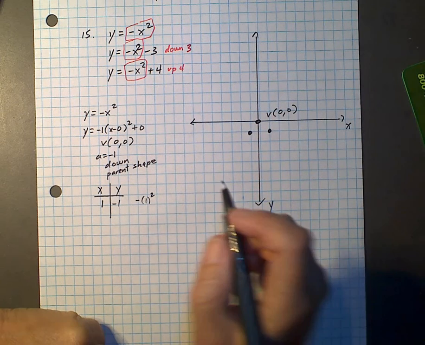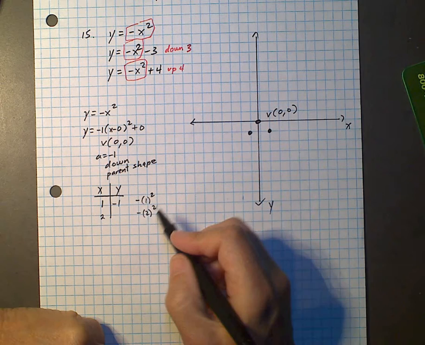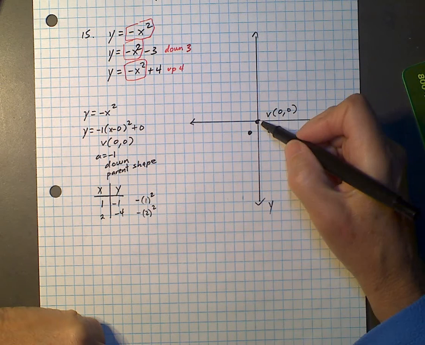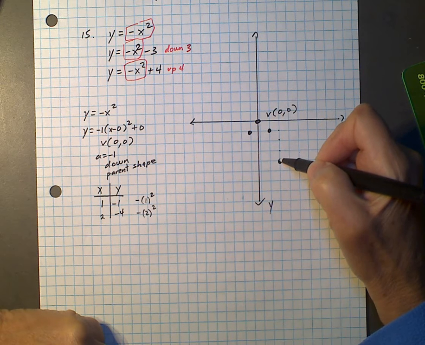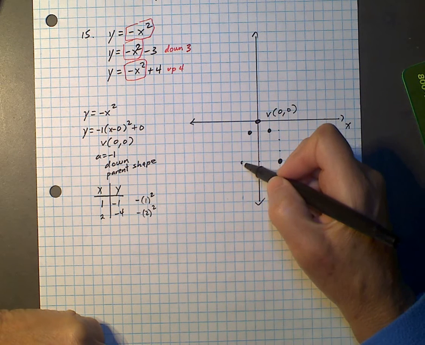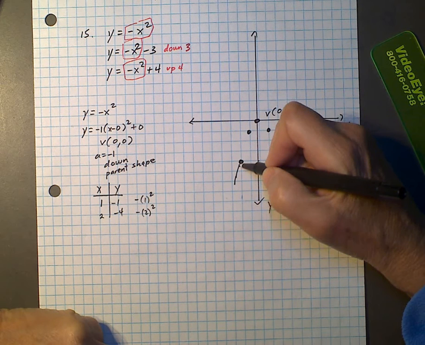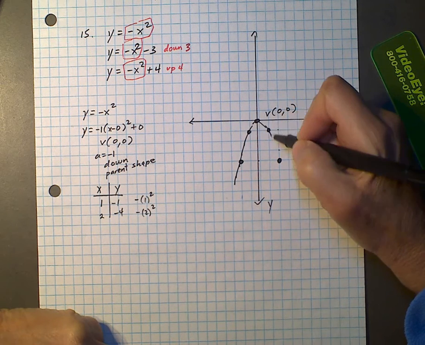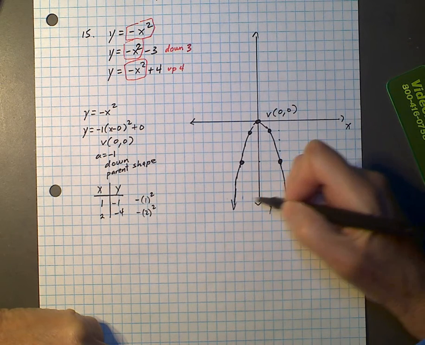And let's go with x is 2, negative 2 squared, so this is at negative 4. So when x is 2, y, 1, 2, 3, 4, is negative 4. And symmetrical to that will be over here. So those are my guide points, and I'm going to try and sketch a smooth curve from there.